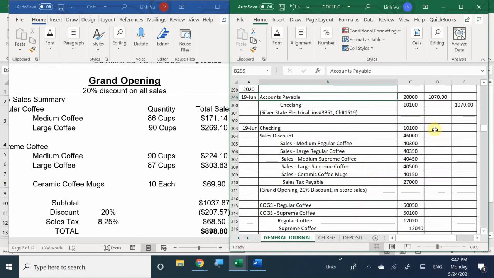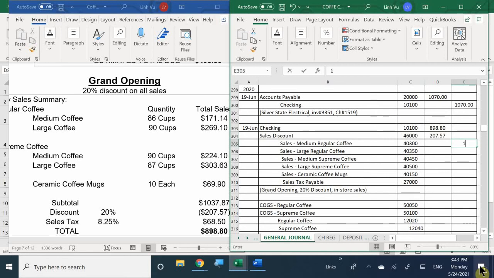So let's start with $898.80 for checking in the debit, and $207.57 for sales discount. Then we'll move to the credit column.